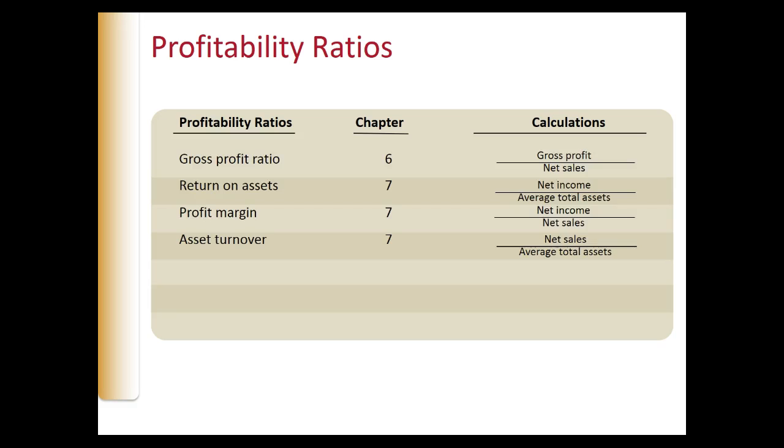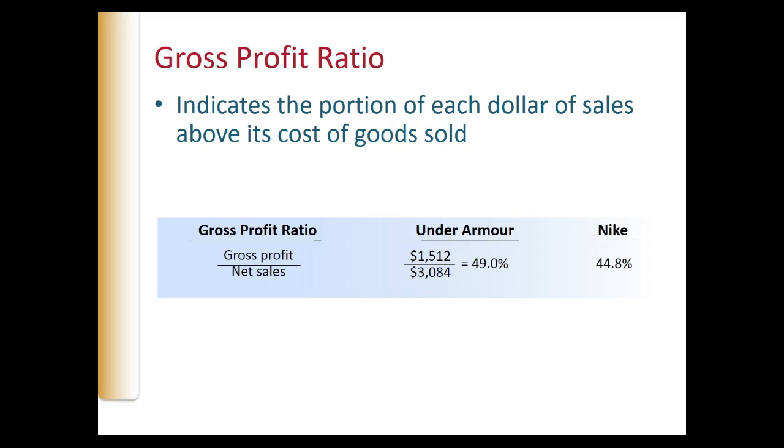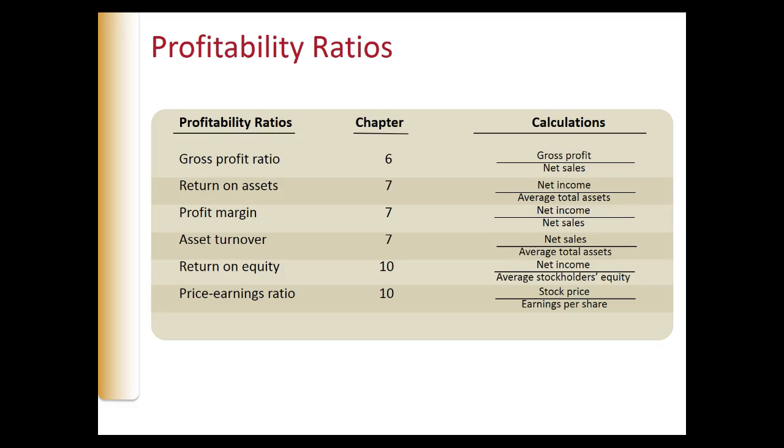Now, the various profitability ratios are shown here on this slide. It summarizes 6 profitability ratios we've looked at, and then the various chapters in which we've discussed them and how we've calculated them. Now, these 6 ratios on profitability primarily measure the success of a company.